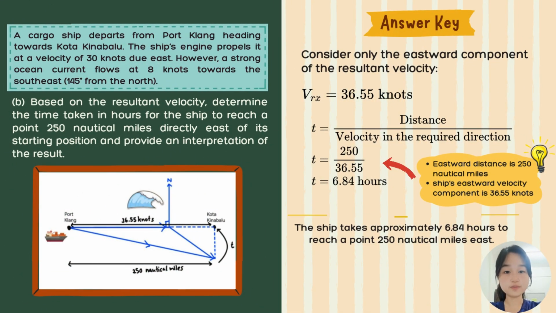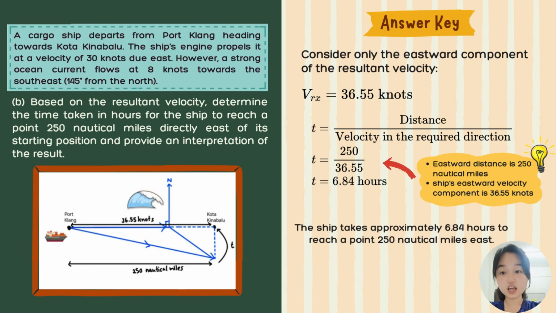Now, we come to question B. In this question, we can consider the eastward component of the resultant velocity, which is 36.55 knots. Given that the eastward distance is 250 nautical miles, and the ship's eastward velocity component is 36.55 knots, we can use the formula of velocity to find it.